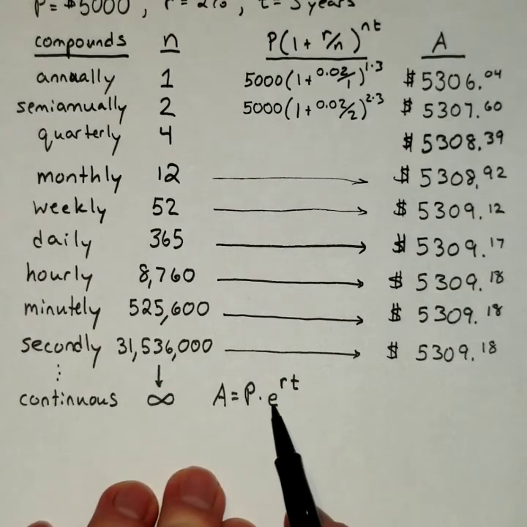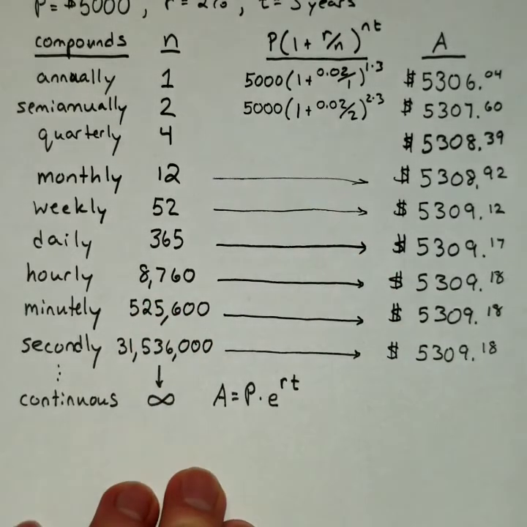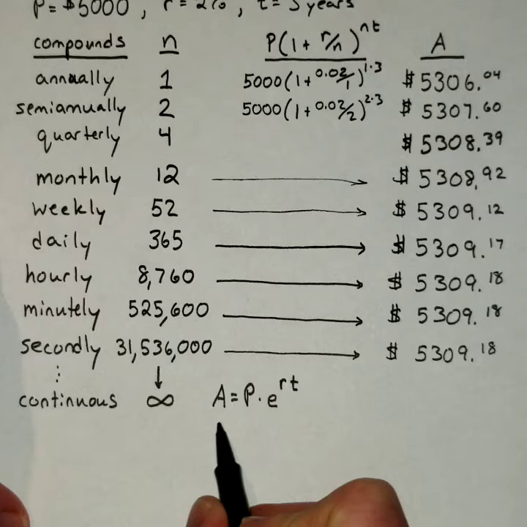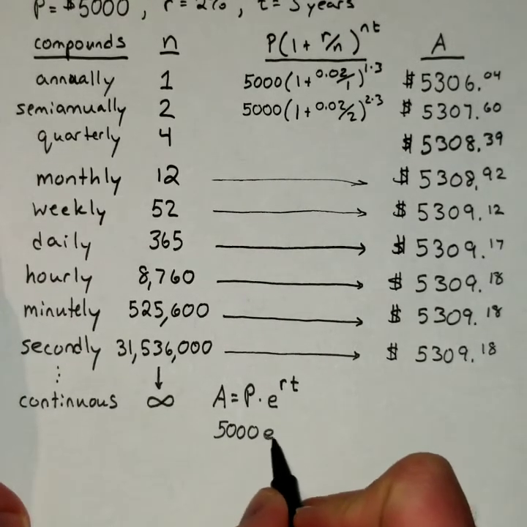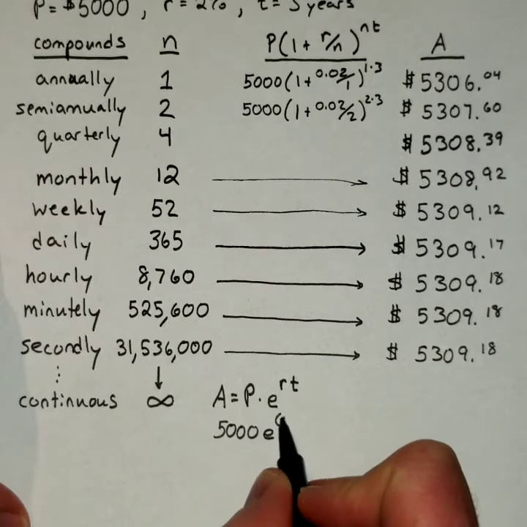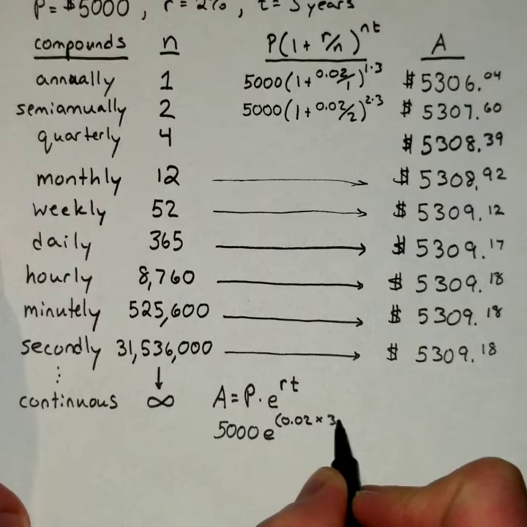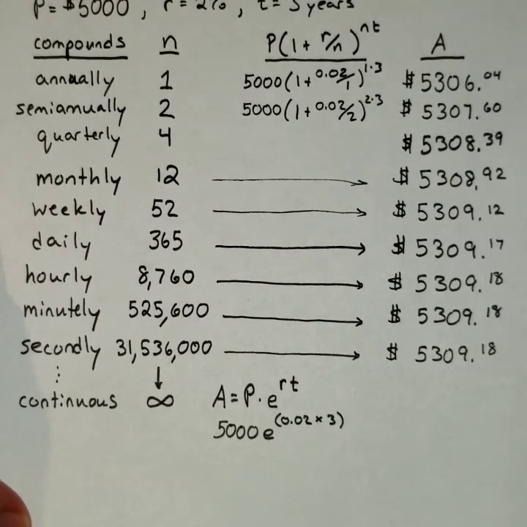Now, if I wanted to calculate this particular scenario for continuous compounding, I could do that simply by plugging in the 5,000 multiplied by e raised to the power of 0.02 times 3. Right? 0.02 is my rate, 3 is the years.